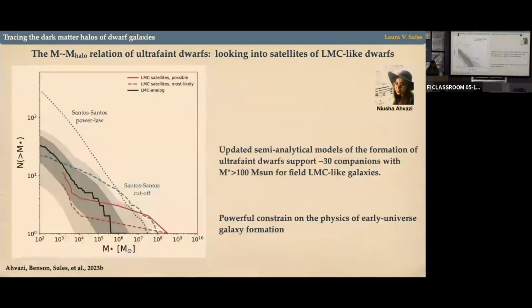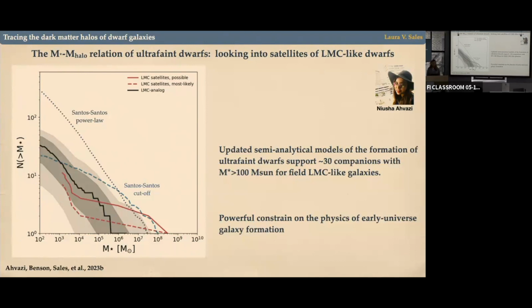But one would also like to understand a bit more about the physics of what is going on. Because of resolution limitations, one attractive way to look at this is by using semi-analytic models. What you're seeing here is work by Nusha Vasi, who is a grad student at UCR and Carnegie, in a shared program that we have there.